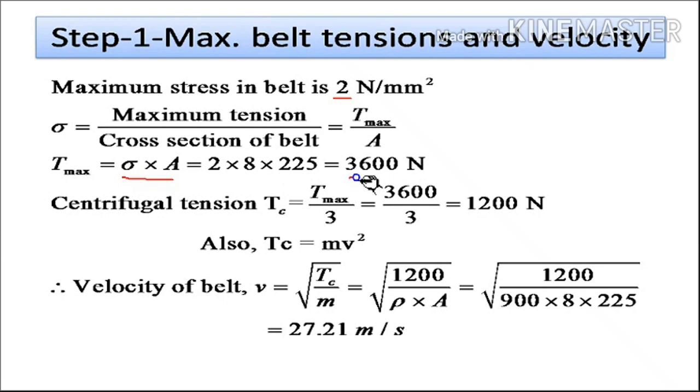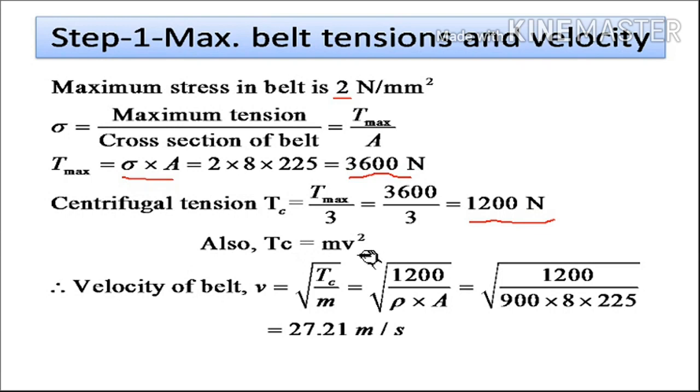Now for maximum power transmission, there is one condition: the centrifugal tension should be 1/3 of the maximum tension in the belt. So this is 3600 by 3, that is 1200 Newton, which is Tc, the centrifugal tension. The centrifugal tension is given by Tc equals m v square, where m is the mass per unit length of belt and v is the velocity of the belt in meter per second.